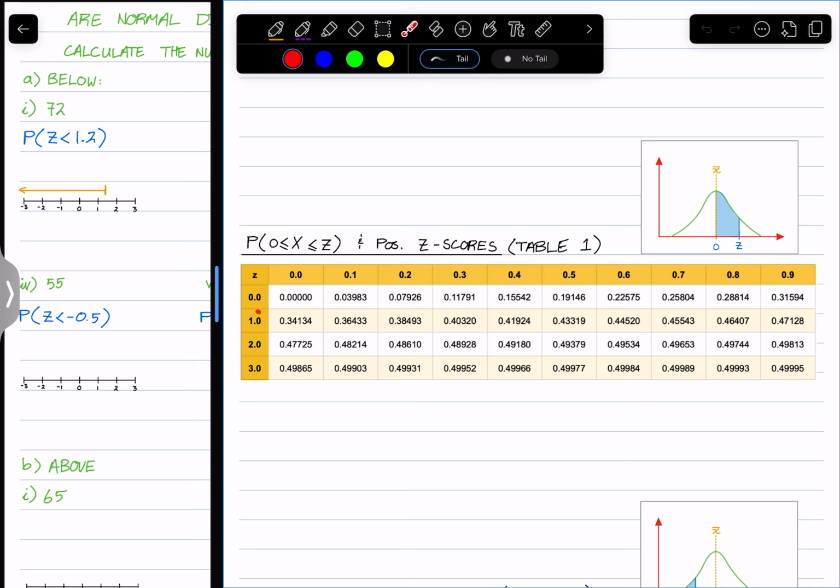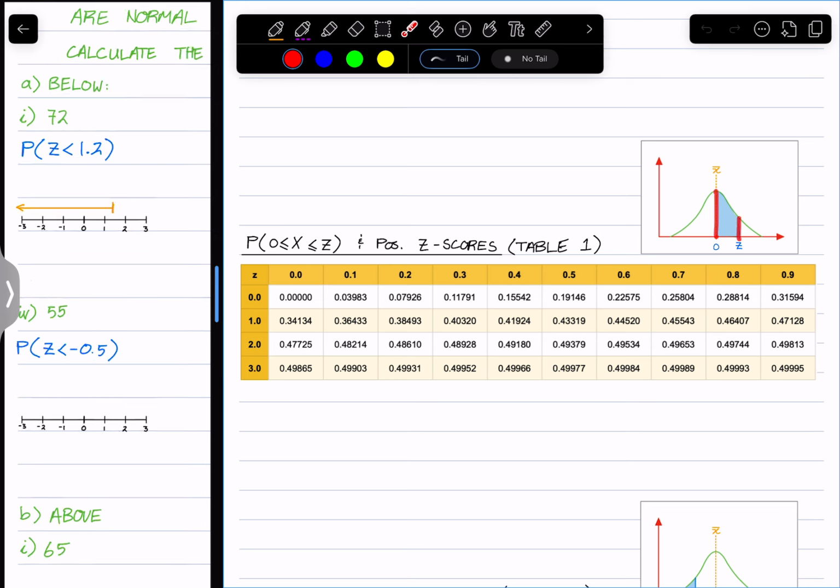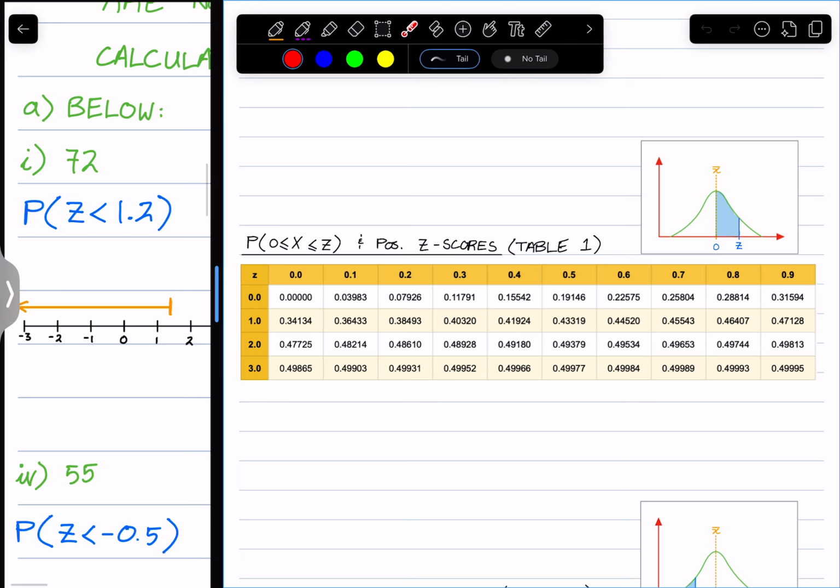So for now, we're going to go to 1.2. But now be mindful as to what this is showing. This is showing from only 0 to whatever Z score that we want. But this is asking for everything from the Z score and everything below.